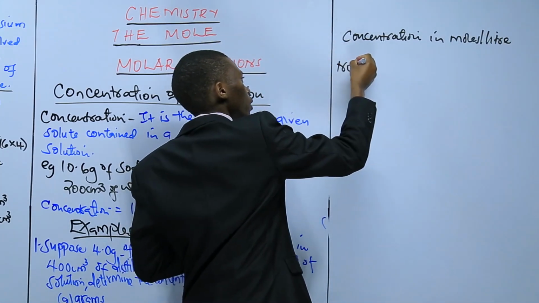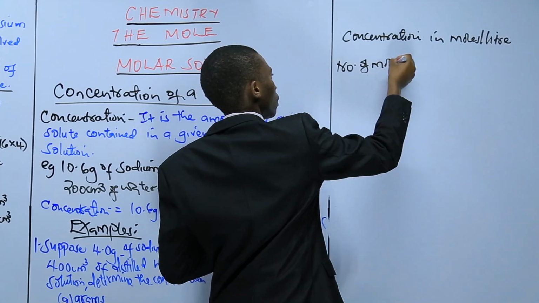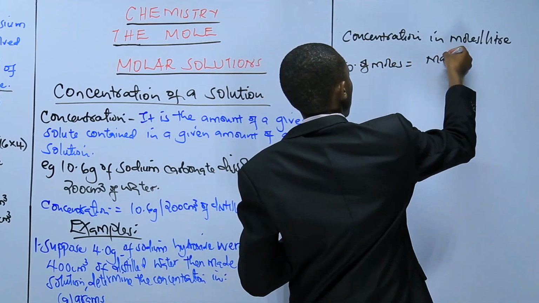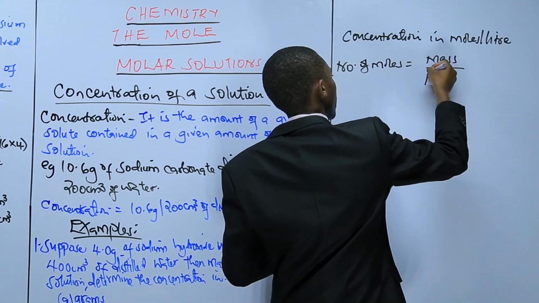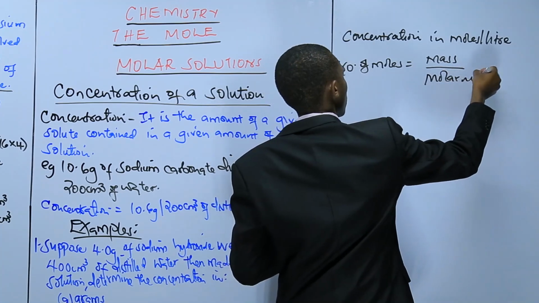The number of moles is given by mass divided by the molar mass.